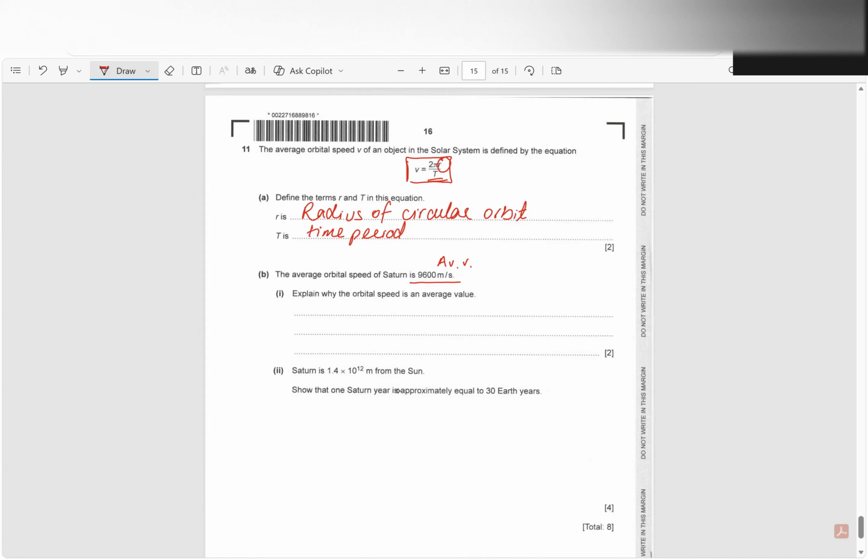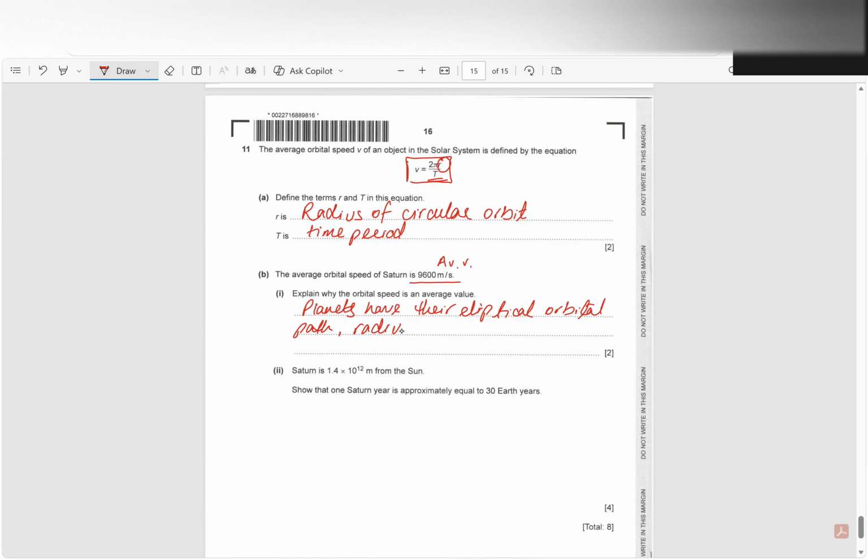So what exactly are we going to write here? Explain why orbital speed is an average value. Because planets have their elliptical orbital paths.